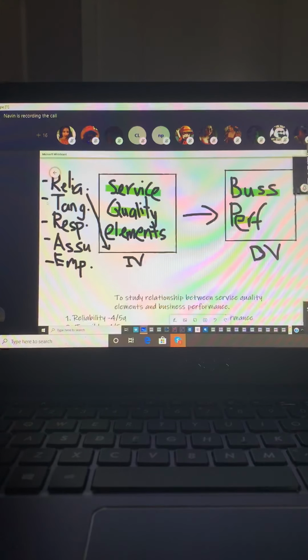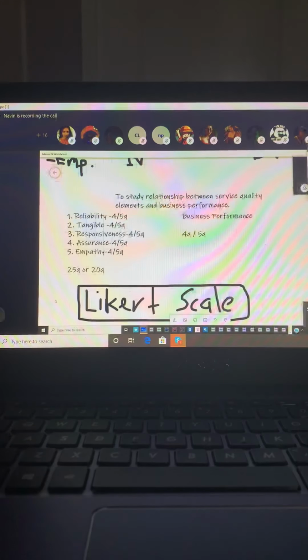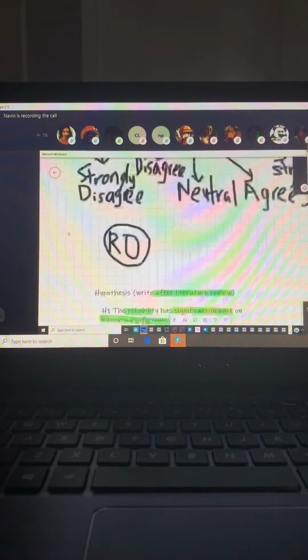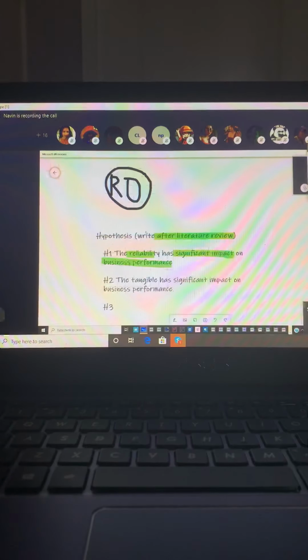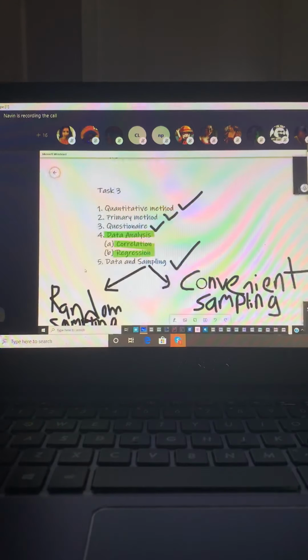I repeat, this whole definition you cut and you put under task number 2. Okay, and after you write all this definition, you need to write your hypothesis. Okay, this is hypothesis. Okay, so maybe I write for you guys.